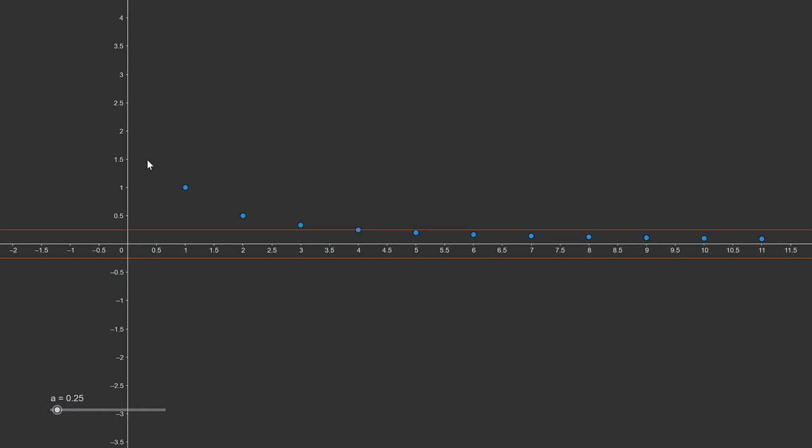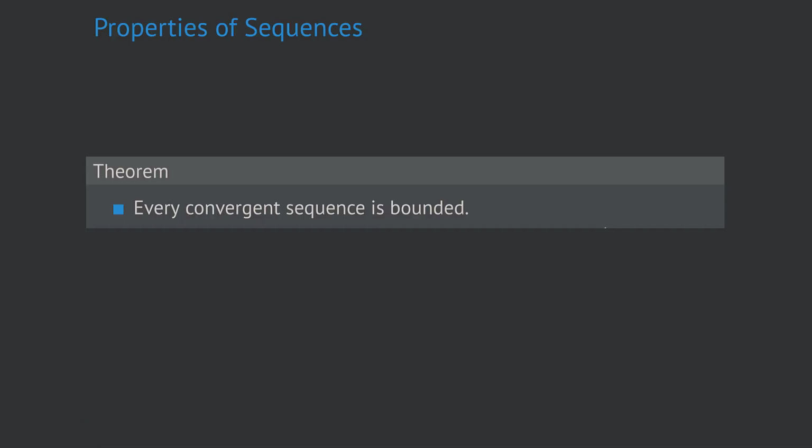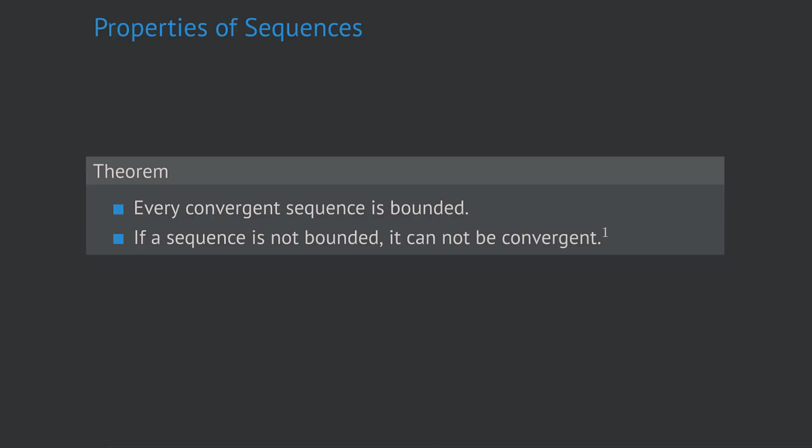In this case, we may choose c as 1.5. An alternative way of phrasing this theorem is, if a sequence is not bounded, it cannot be convergent. As I said, that is just an alternative way to phrase the first theorem. It follows from the first statement by propositional logic.